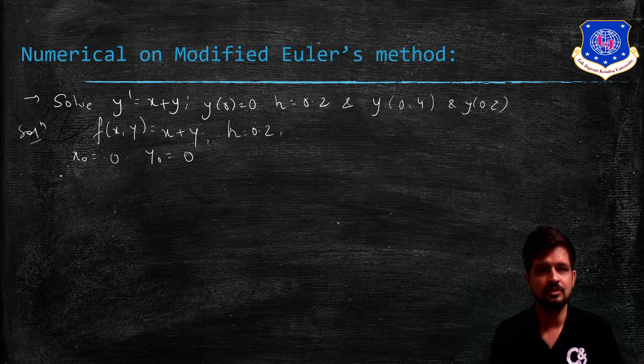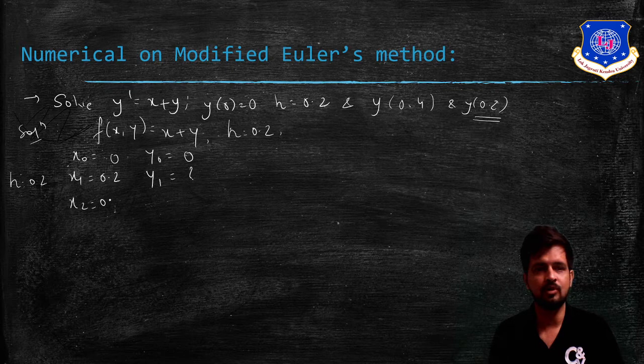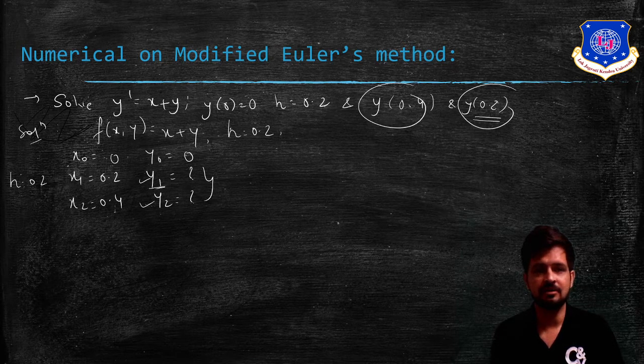Taking h equal to 0.2, my x1 will be 0.2, so I have to find y1, which is y of 0.2. Similarly x2 will be 0.4 and I have to find y2. So I have to find y1 and y2 because y of 0.2 is our y1 and y of 0.4 is our y2.